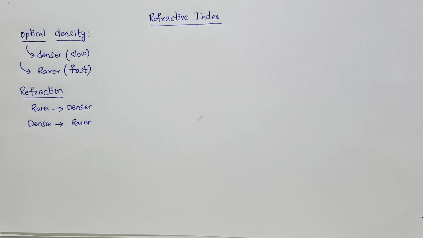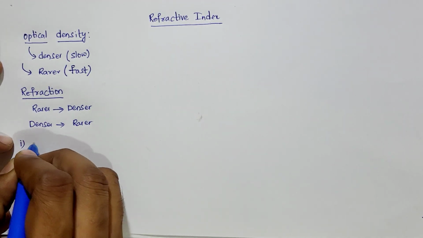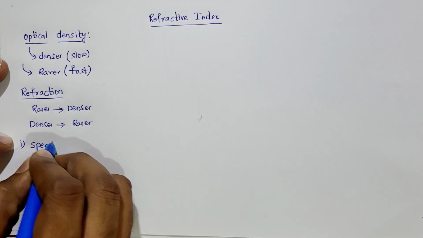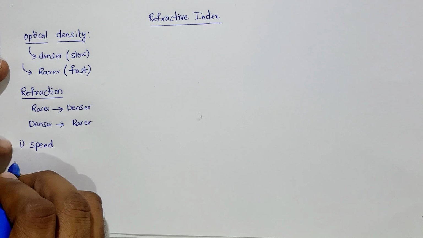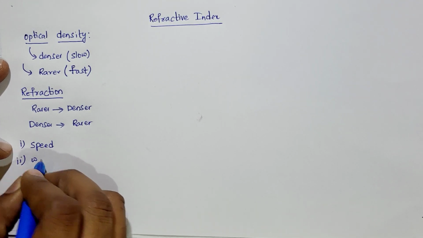Okay, these things I am not going to write now. But what happens when refraction happens? What are the things that will change in a light ray? First thing, the speed of the light will change. Correct? And the second thing, the wavelength of the light will change.